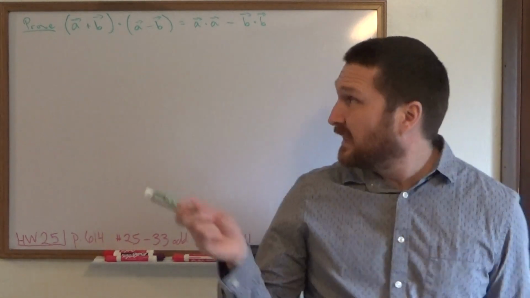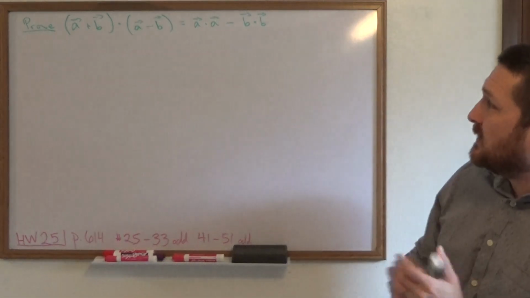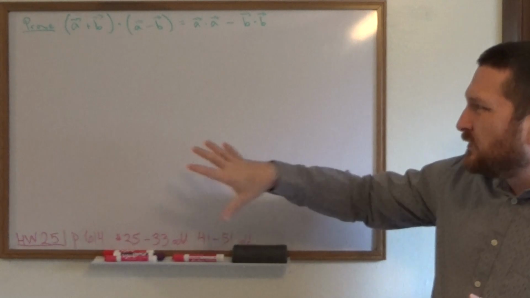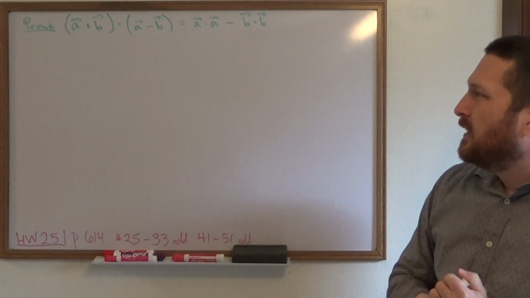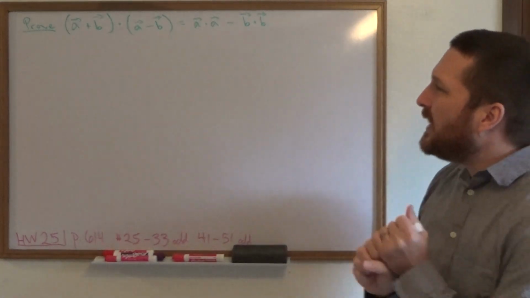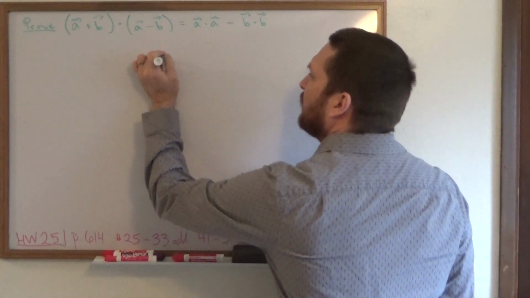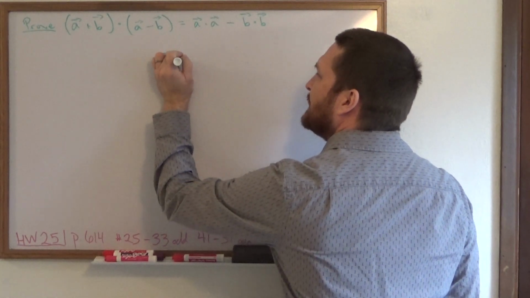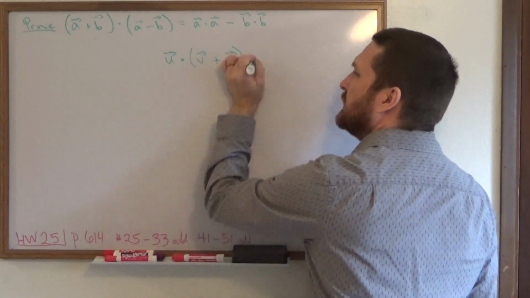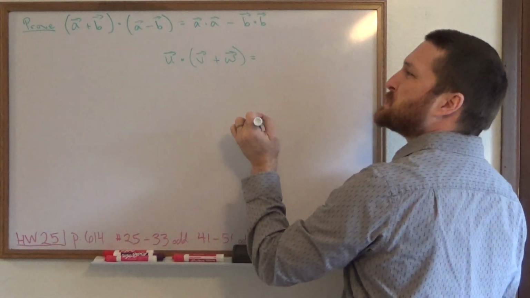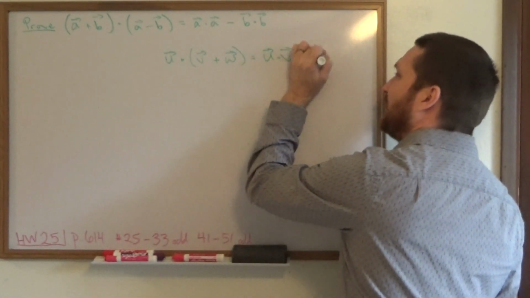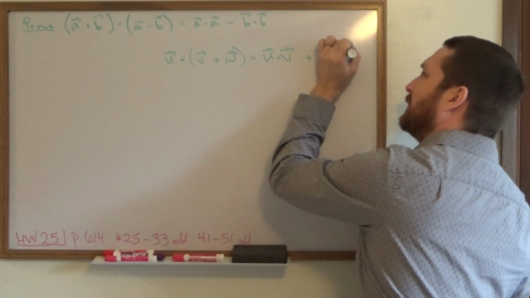So that's what I'm going to do here. Another way of dealing with this is to use the properties that we've just proved about the dot product. Problem is, there's a couple problems. We've proved something like this, that u dot (v plus w) is equal to what? u dot v plus u dot w.